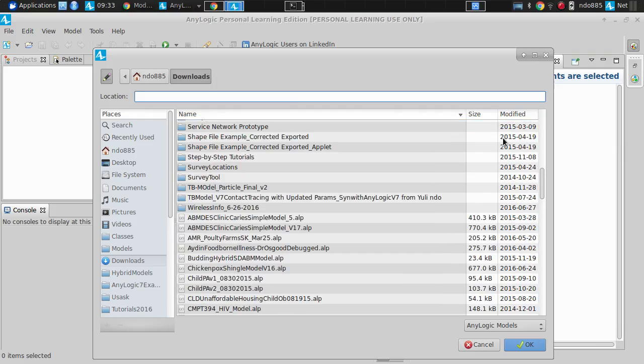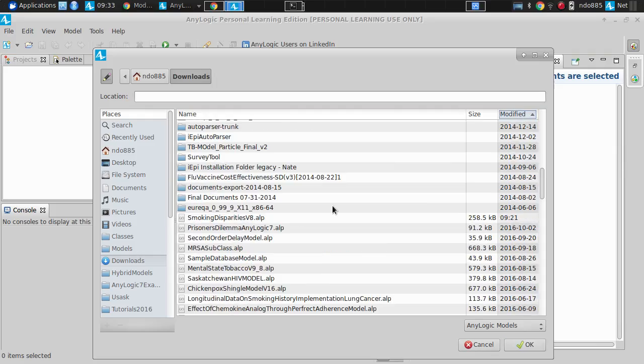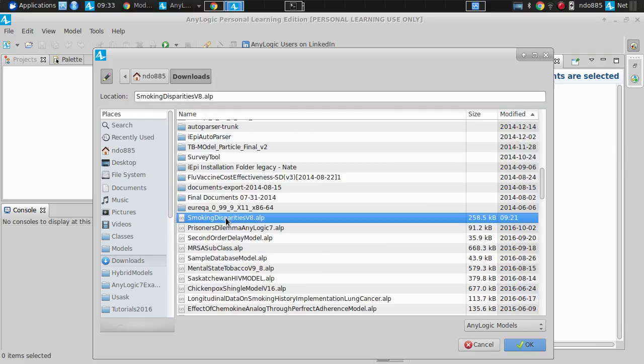And what I'm going to get here is the model that I downloaded, which was called Smoking Disparities version 8. That was the model we just clicked on, and we saw that horrendous thing, and we pressed download. Do you remember that? Okay. So we're going to find that model on our computer in the downloads area, and we're going to say down here, OK, to open it.